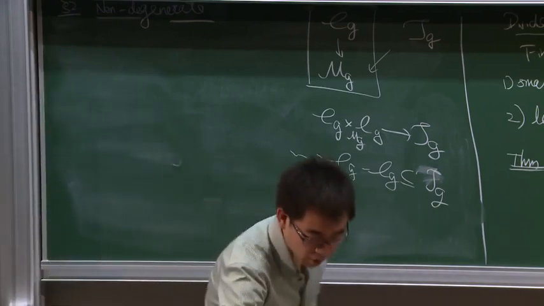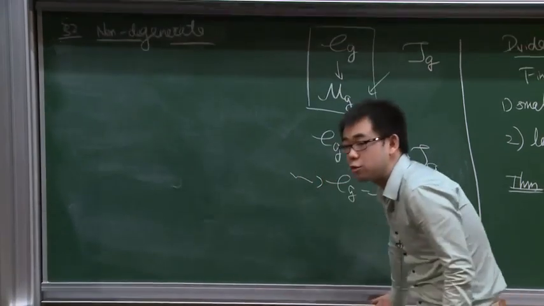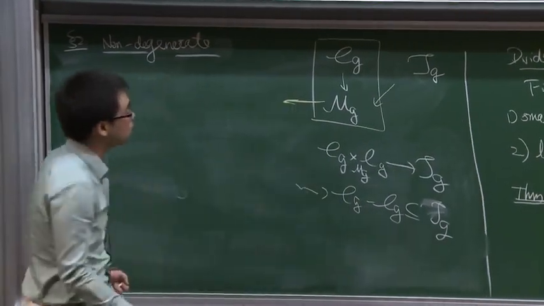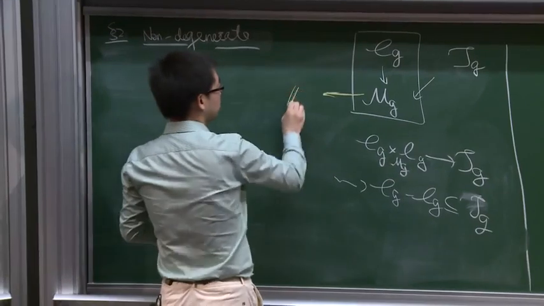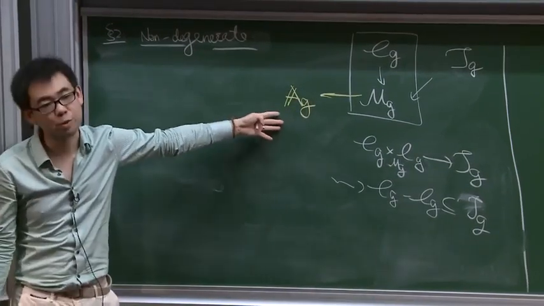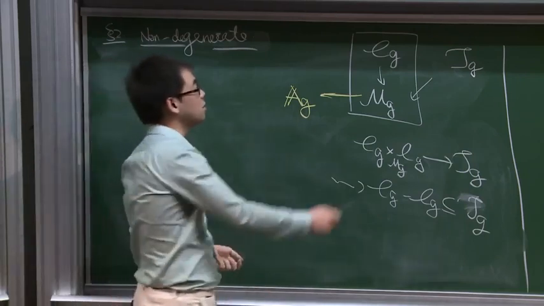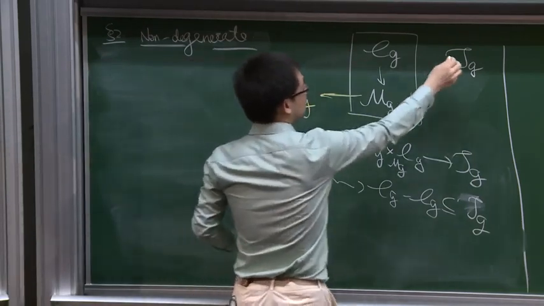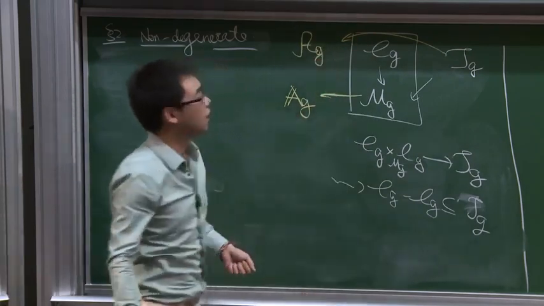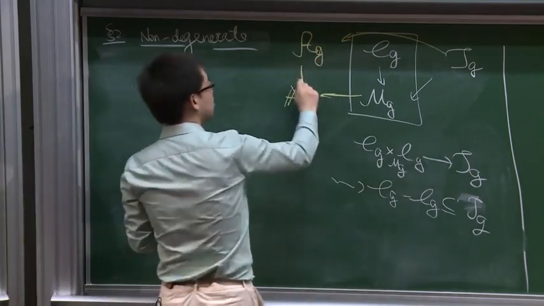And furthermore, I would like to embed everything in a universal abelian variety, using the Torelli embedding, into the moduli space of principally polarized abelian varieties, and here, this one, to the curly A_g, which is the universal family.